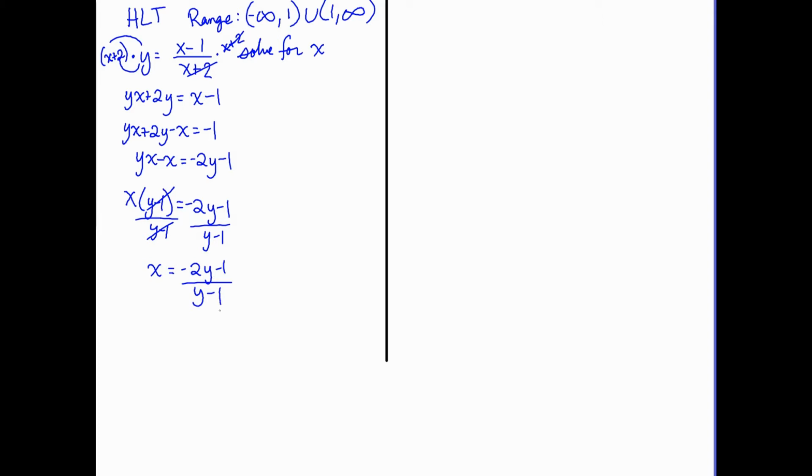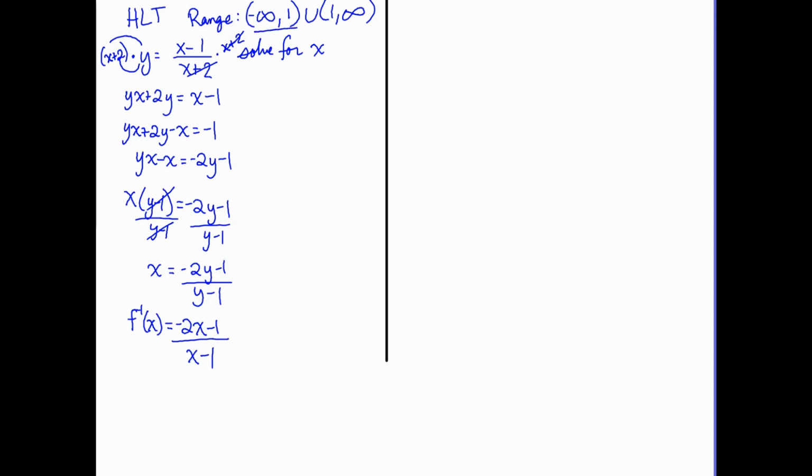Don't forget your function notation. The inverse of f of x is equal to negative 2y minus 1 over, sorry, not 2y, because we switch this to a function of x: negative 2x minus 1 over x minus 1. And we do have a restriction on this domain because you cannot divide by 0. If we have 1 in our denominator for x, then 1 minus 1 is 0 and we're dividing by 0.